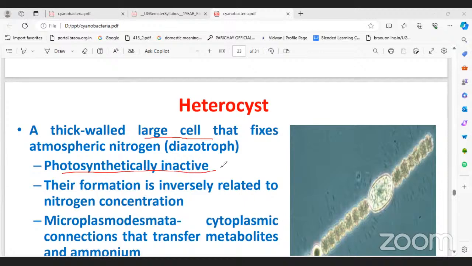Photosynthetic components we already discussed in vegetative cells. But in the heterocyst cell, there are very few thylakoids. Fewer thylakoids means fewer pigments. Without pigments, can it perform photosynthesis? No, that's why it is inactive.